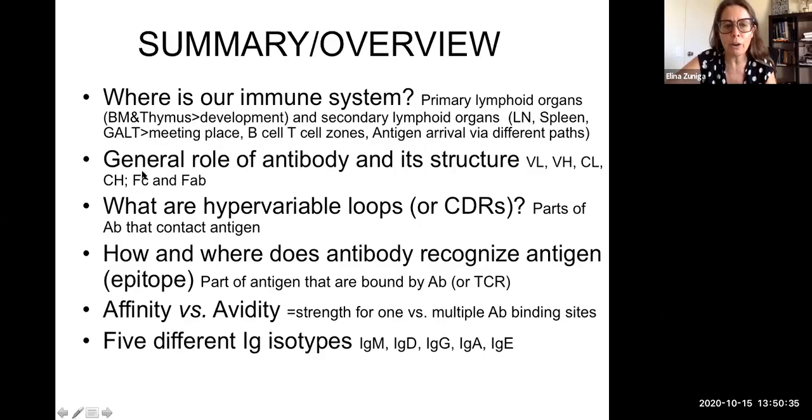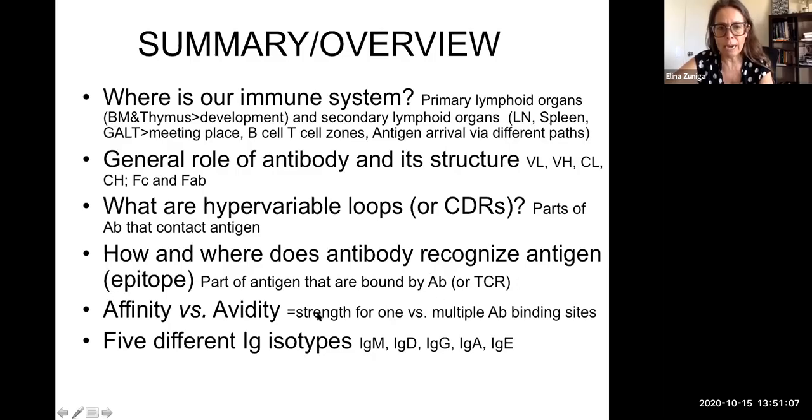We learned about the Fc portion that gives the biological activity to the antibody, and the Fab portion that gives the antigen binding specificity to the antibody. We learned what the hypervariable loops or the CDRs are, the parts of the antibody that are in contact with the antigen. And we learned that on the other side, the epitopes are the parts of the antigens that are bound by the antibody or the TCR.